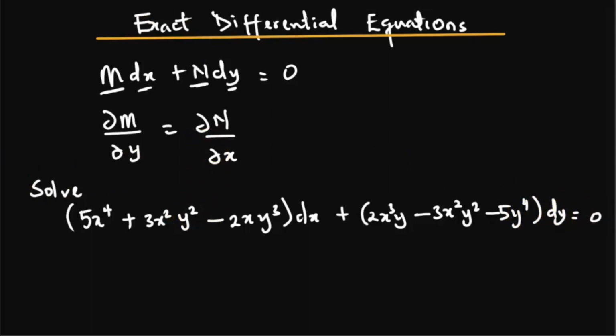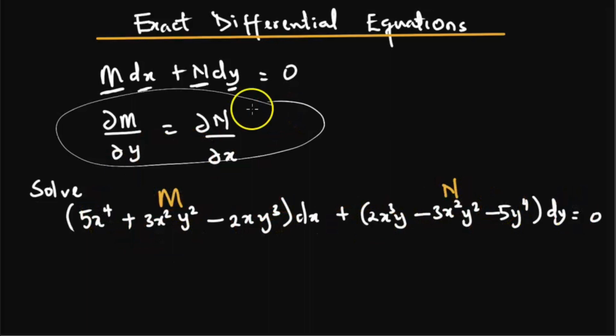So first things first, this is our M and this is our N. The next thing for us to do is to check if this equation is exact. And as I have said, the equation is exact if this holds true.